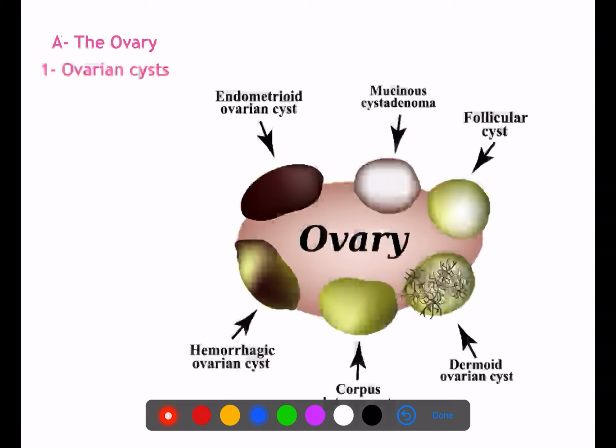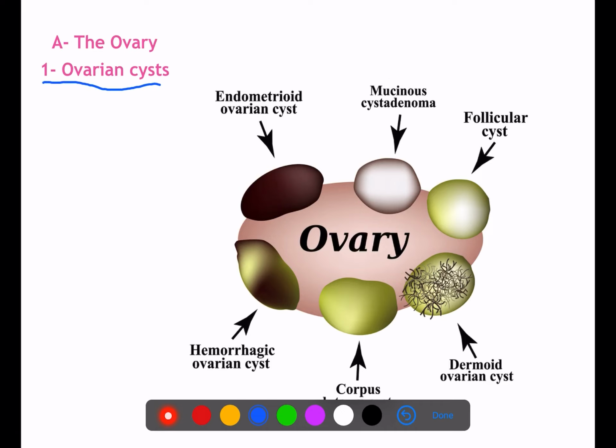The pathology of the female reproductive system, as we say, we will start from the ovary. The most common pathological lesion occurring within the ovary is the ovarian cyst.